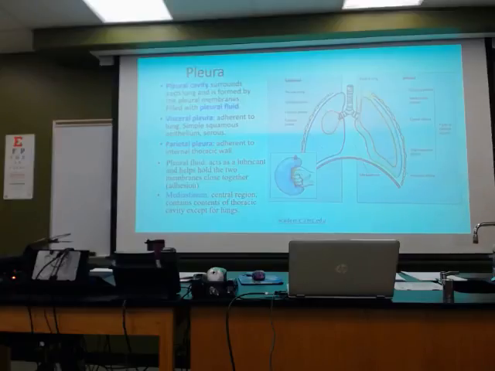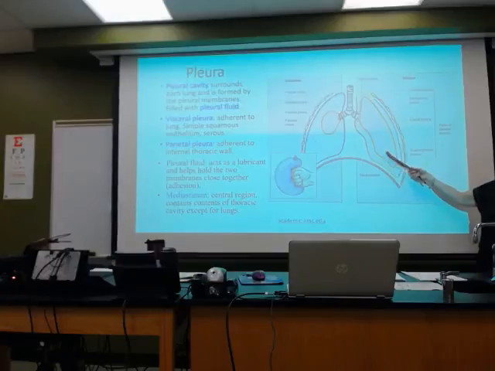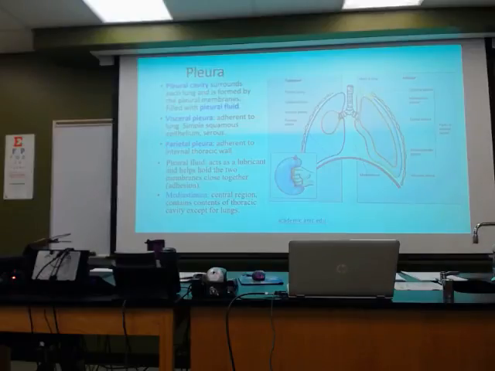The parietal membrane will have a connection with the membrane of the thoracic cavity, helping to hold the lungs in place so they're not slipping and sliding all over. It's part of the reason that our lungs can change in size.